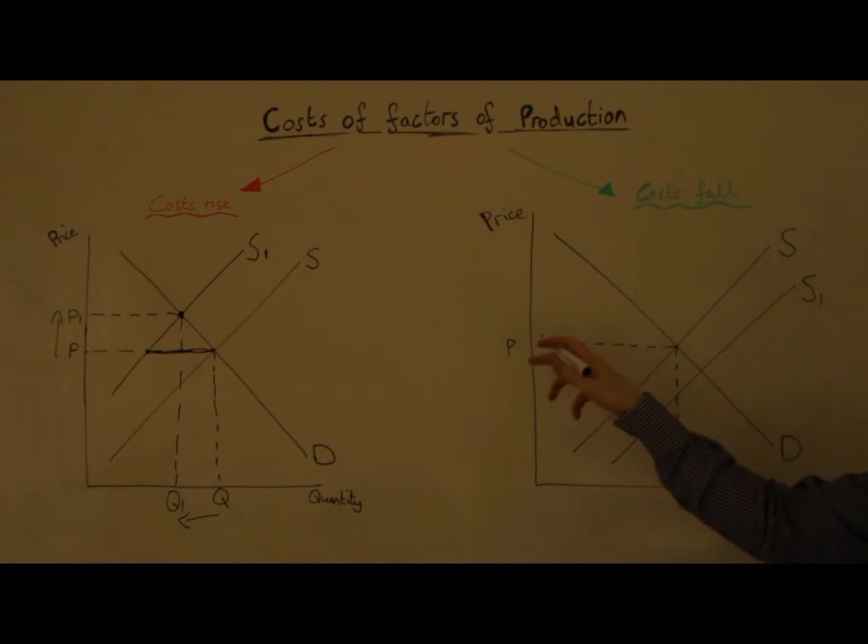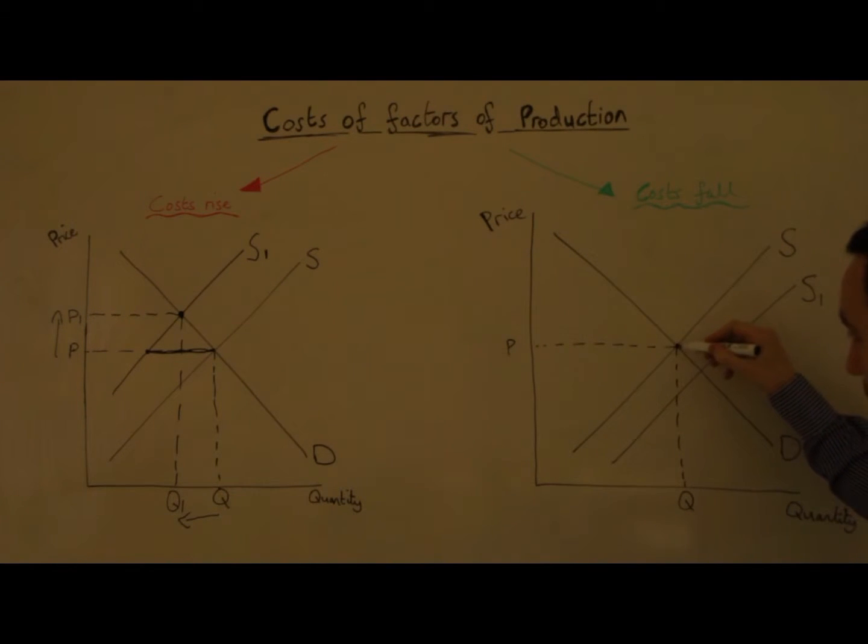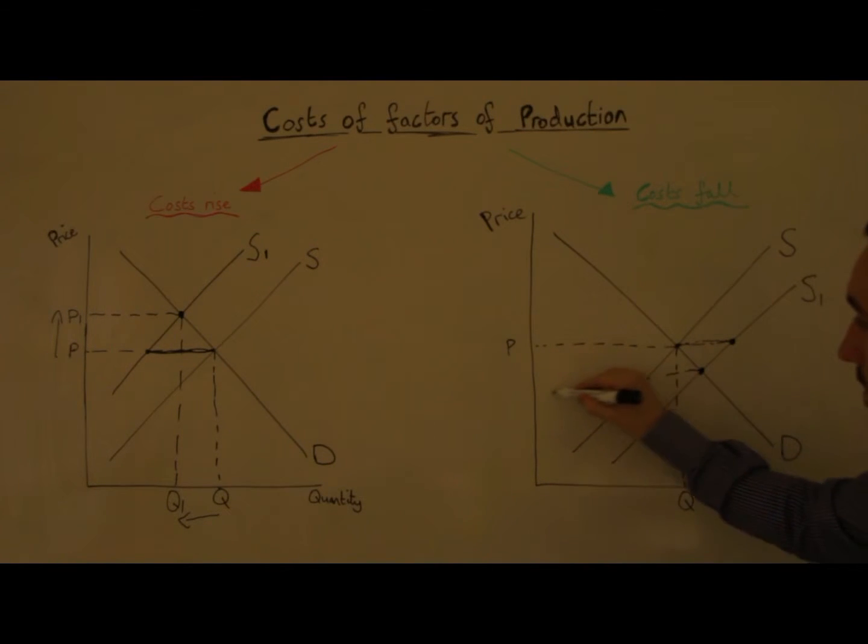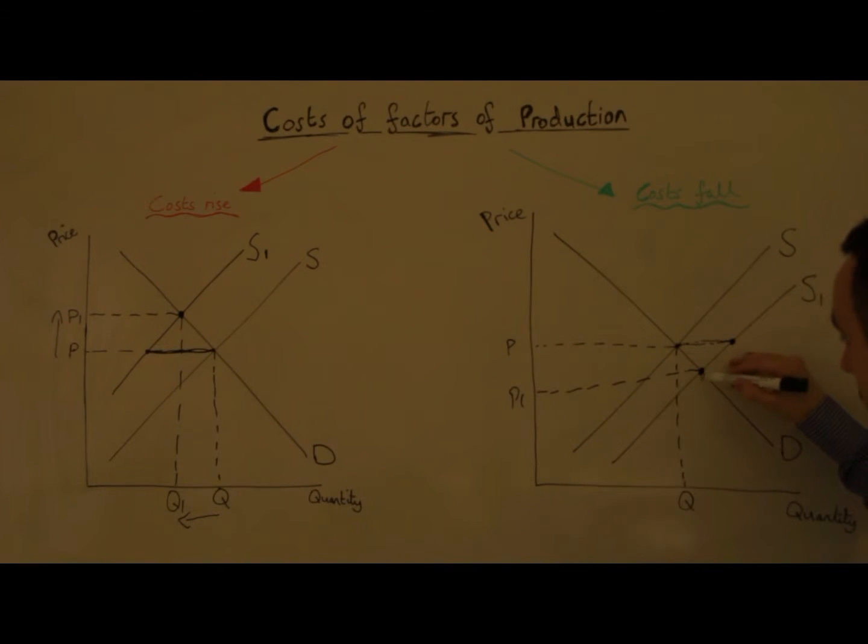So why don't they just stay at the same? Well, at this price, there is excess supply. Consumers don't actually want this many goods here at that price. So what they actually have to do then is they decrease their prices until we hit the new equilibrium here at P1, and we go here to Q1.